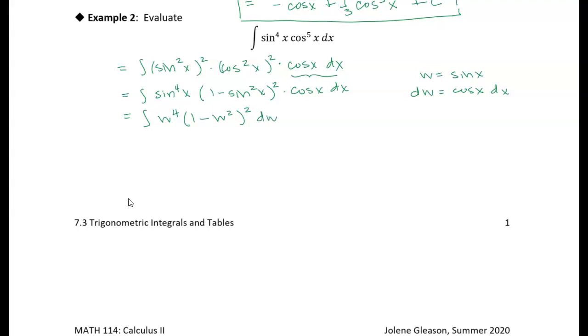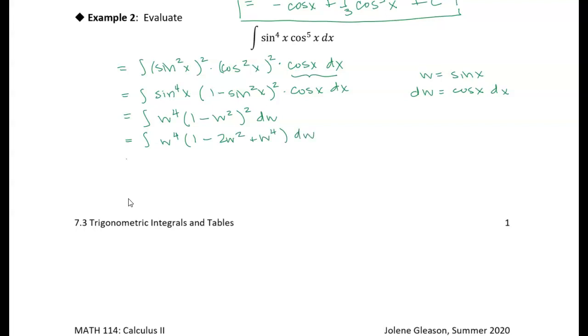Okay. Now I can multiply this out because it's a lot easier to integrate a polynomial. So let's just multiply this out. So I'm just going to first of all expand this square. So I'm going to get 1 minus 2w squared plus w to the fourth, right? dw.